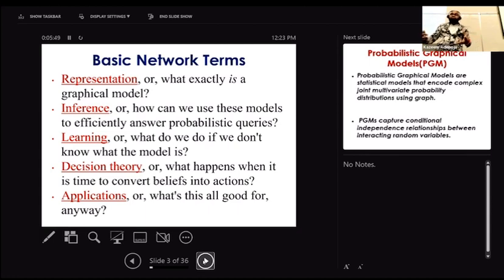It's like we're trying to use a graphical model to depict reality. Then the inference, like in statistics, making judgments. We want to be able to take a conclusion based on what we see. Then learning, so we're actually going to learn something from the structure. Then decision theory, that was why I said what happens when it is time to convert beliefs into action. We're basically going to use the idea of Bayes theorem here too.